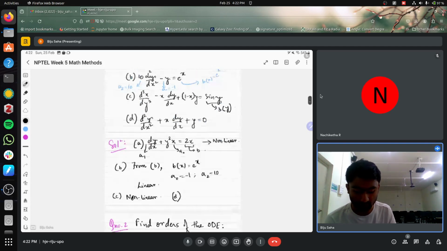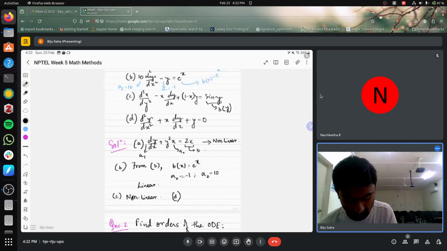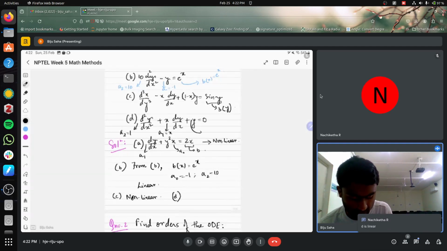Now let us look at the D part. In the D part, this is my A2, it is 1, this is my A1 equal to x, and A0 is equal to 1.